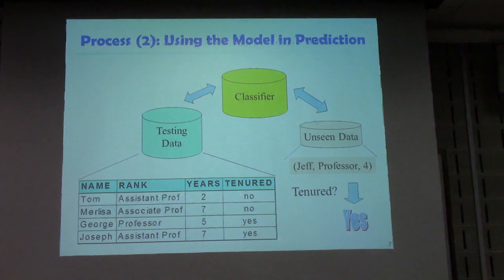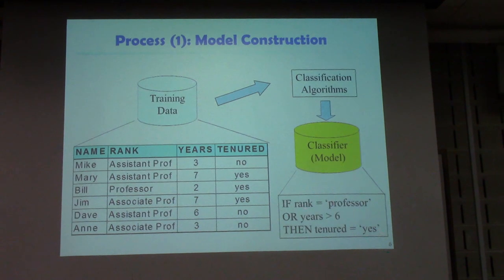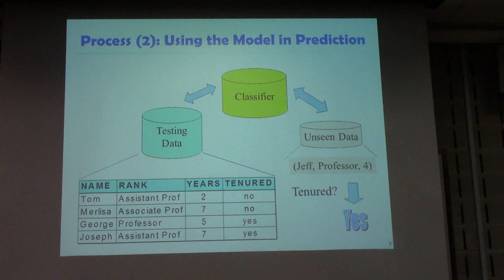We don't know whether they are tenured or not, but using the classifier, for example, our classifier is: rank is professor, or longer than 6 years, is tenured. So we can guess no, because it's less than 6 years. Longer than 7, yes. So we can predict that Melissa is tenured.